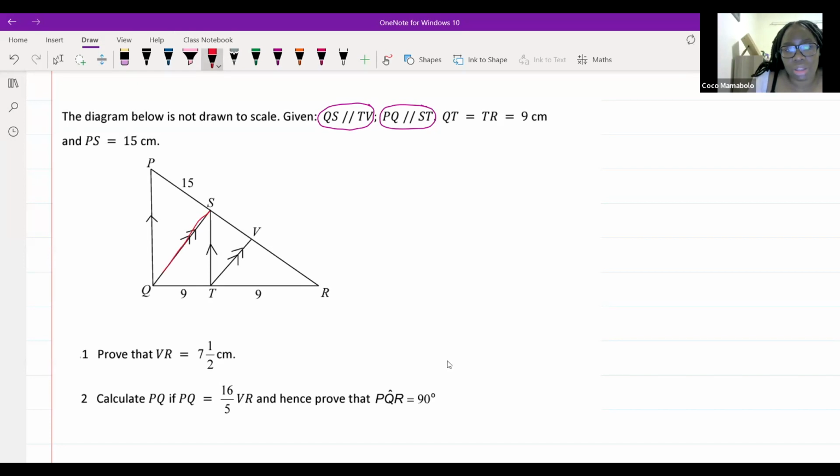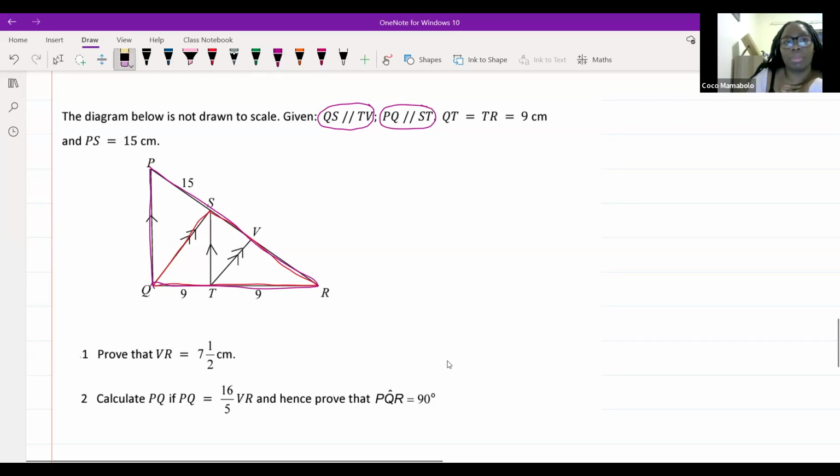There is the triangle with QS and TV. And then they're also saying PQ is parallel to ST, and that is the big triangle. So we're actually working in two different triangles here.